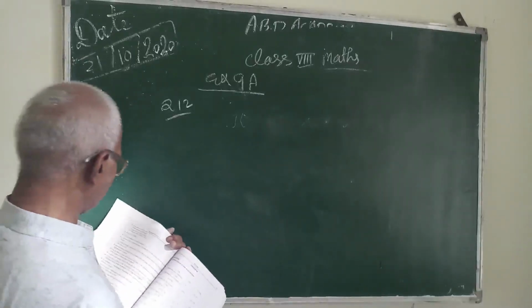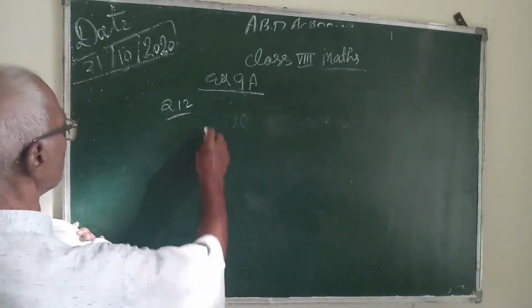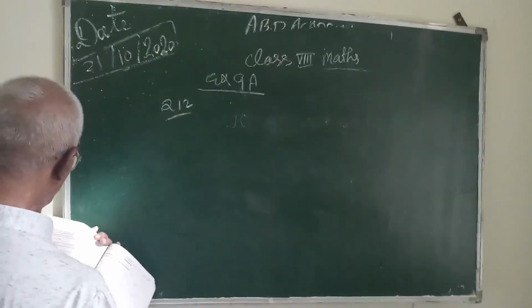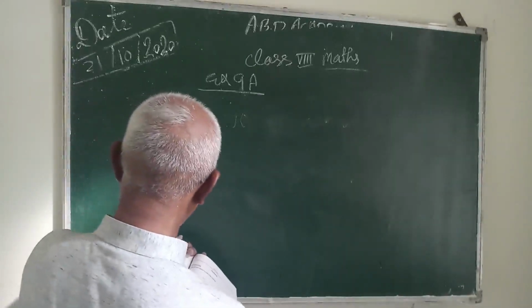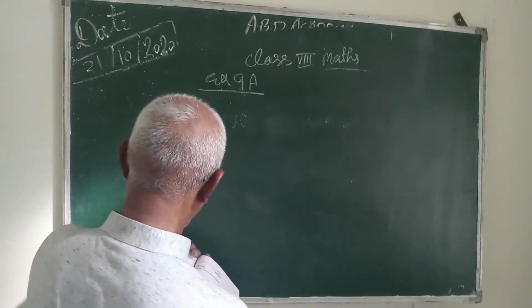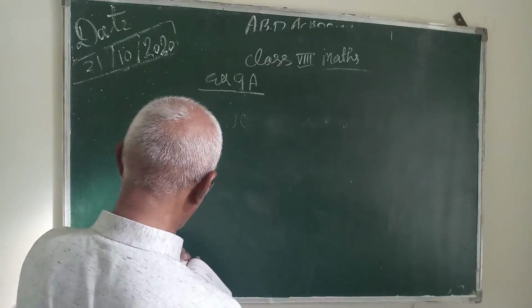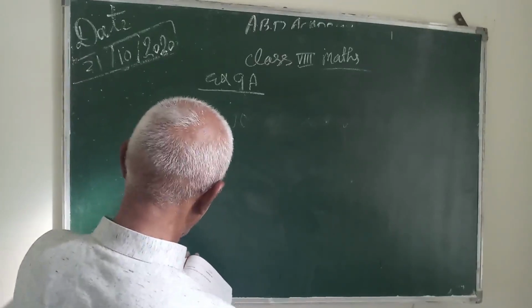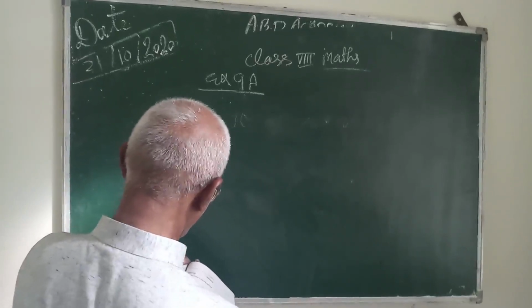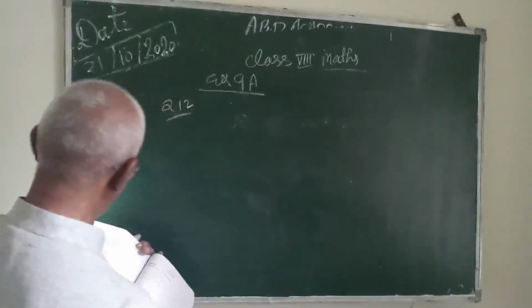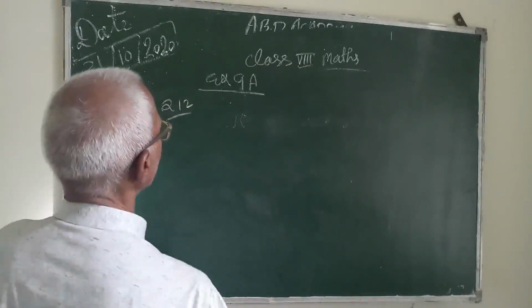Amit was given an increment of 20% on his salary. Amit is a person who has been given a 20% increment on his salary. If his new salary becomes rupees 30,600, what was his salary before the increment?